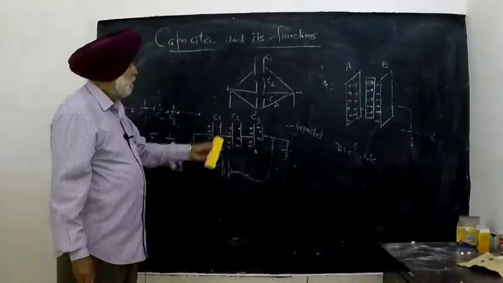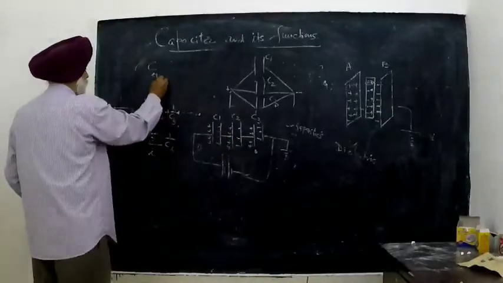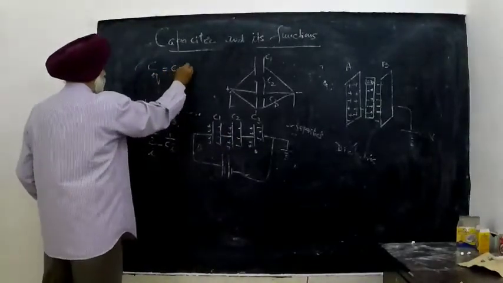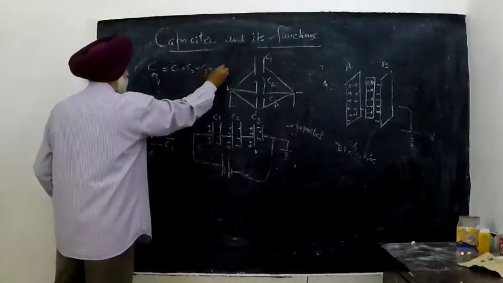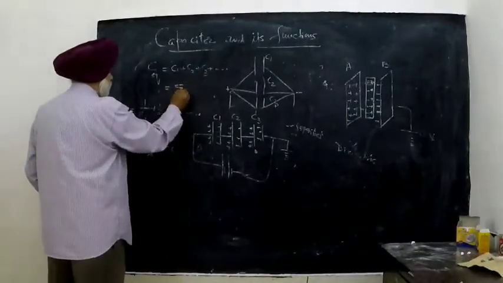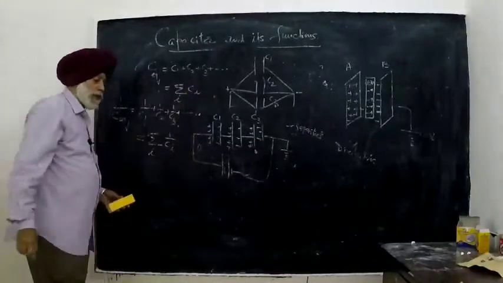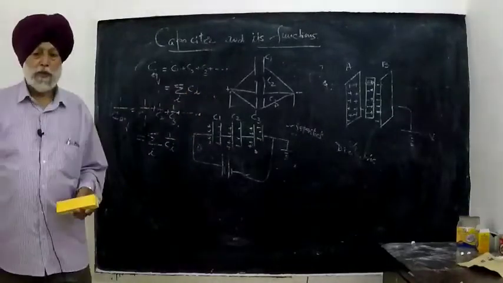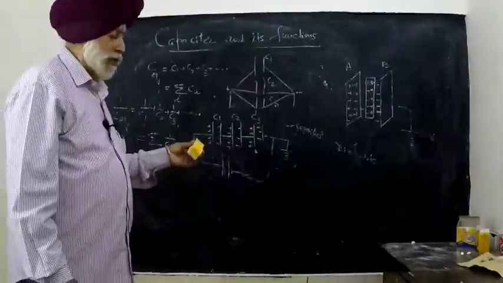Then the equivalent capacitance will be equal to the sum of the capacitances of the individual capacitors, which can be written as sigma Ci. So in this way we can increase the value of the capacitance.